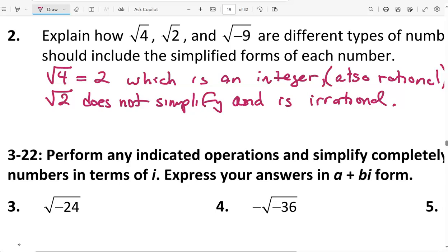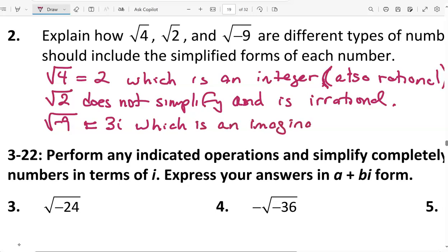It has a decimal value which is around 1.414, but that's rounded off. It's a decimal that, in fact, never terminates and never repeats, so it's an irrational number. The square root of -9 equals 3 times i, which is an imaginary number.